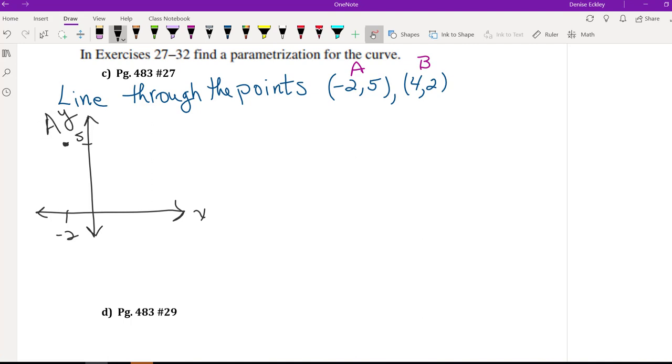Here's my point A and my origin, which we'll call point O. And then 4, 2 would be right here, and that's my point B. So we can draw these vectors. We have vector OA right here, and then we have vector AB, which I'll draw in blue.